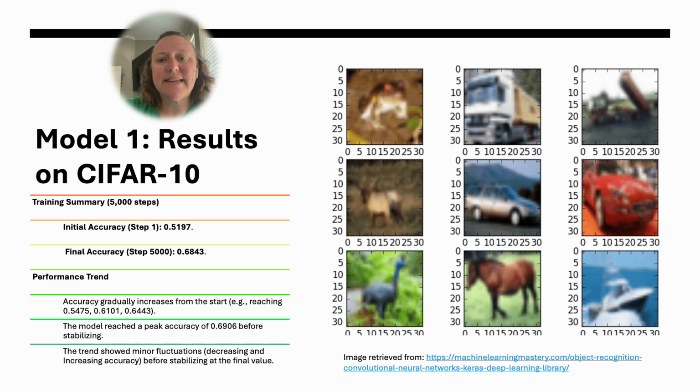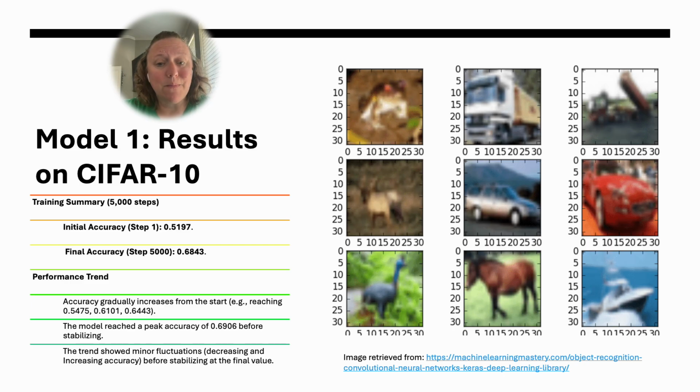During each training step, the model performs forward propagation, passing images through all layers to generate predictions. The loss function then calculates how far off these predictions are from the true labels. Using this loss value, backpropagation computes gradients that indicate how to adjust the weights and biases.